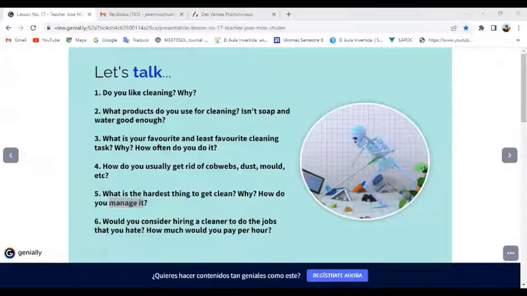So this word means herramientas. Okay, so can you notice the difference between these three words? Yes. Okay, so we use things for plural, stuff for singular, and tools for a specific context. It means herramienta.